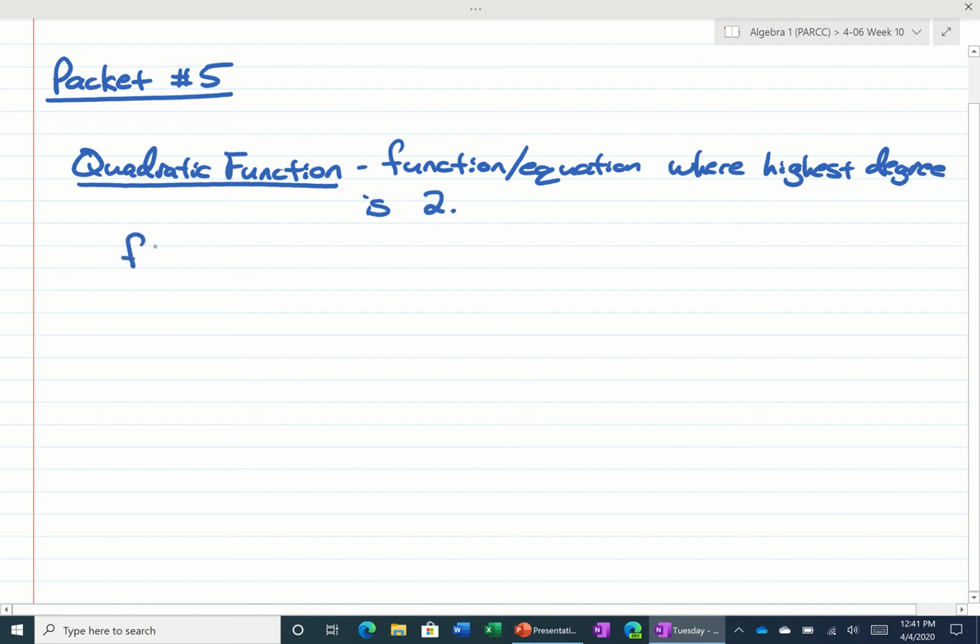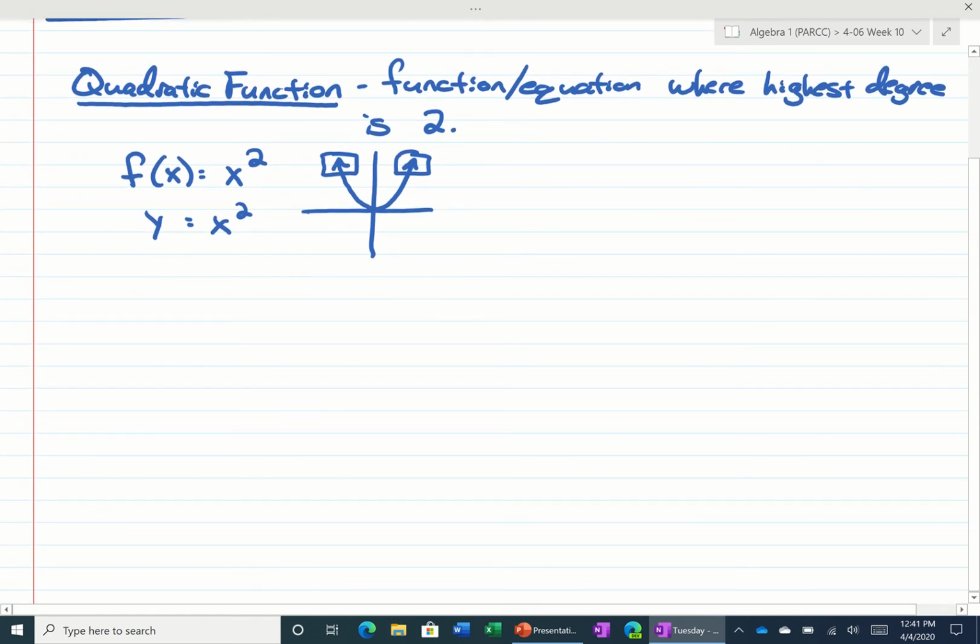If you ever have something that says f of x is equal to x squared, or something with x squared, the graph would look like this. And if it's an equation, you want to make sure that you have arrows at the end. There are going to be questions in the packet that don't have the arrows, but you have to remember that if you have an equation f of x, or if it's y is equal to x squared, we put arrows there to show that it goes on forever.